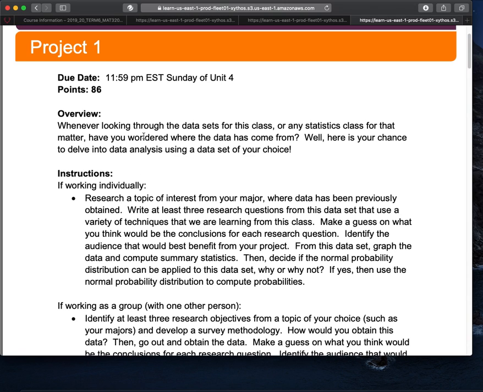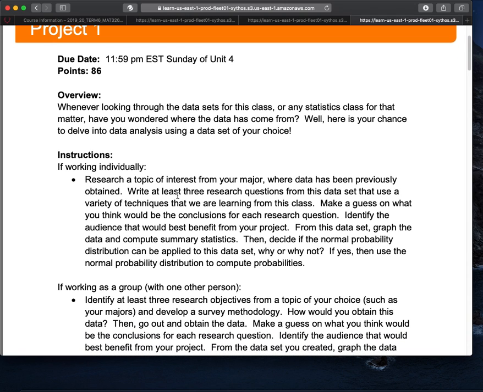So, for example, if you're working by yourself, I want you to research a topic that interests you, such as something from your major perhaps, and find a data set that describes that. I want you to write at least 3 research objectives for this data set, using a variety of techniques that we are learning in this class.